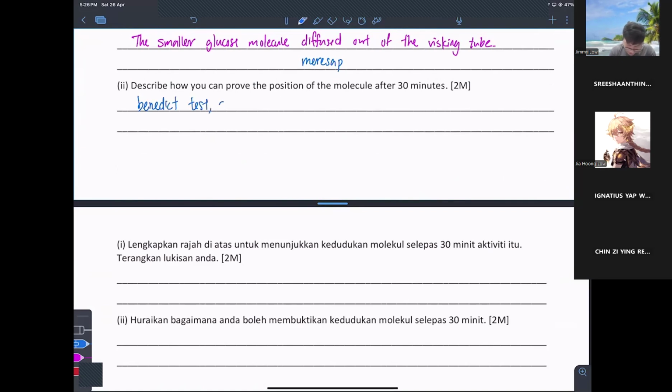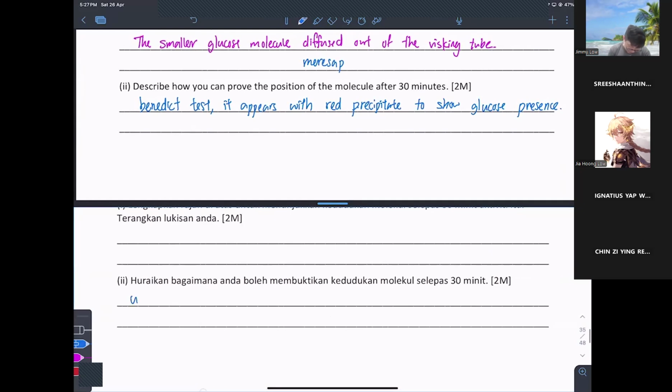You can say it appears with red precipitate to show glucose presence. So you can say Hujan Benedict.